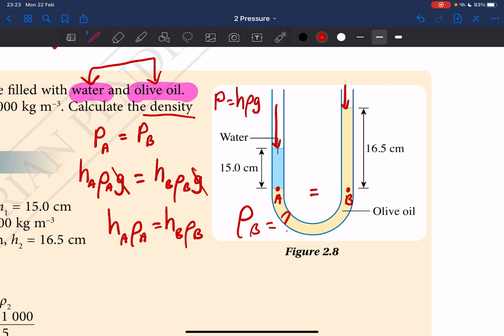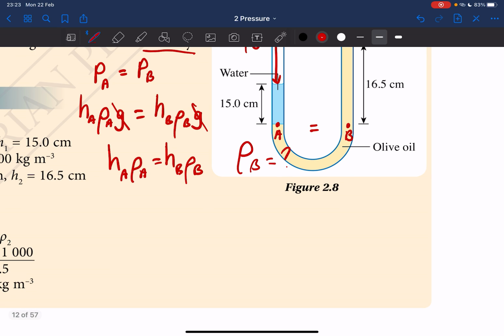Can we find it? Simply rearrange the equation. Rho_B is equal to H_A rho_A divided by H_B.